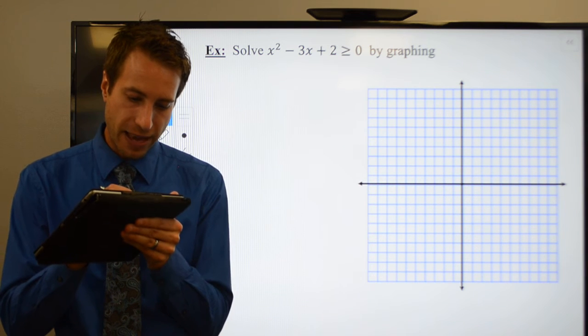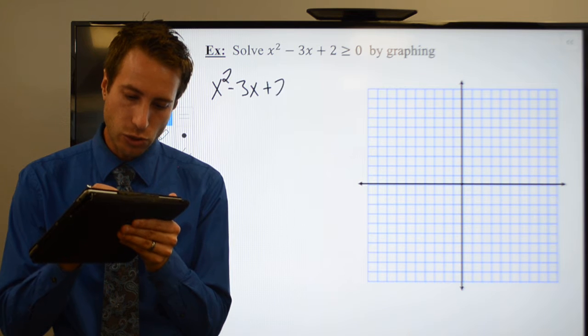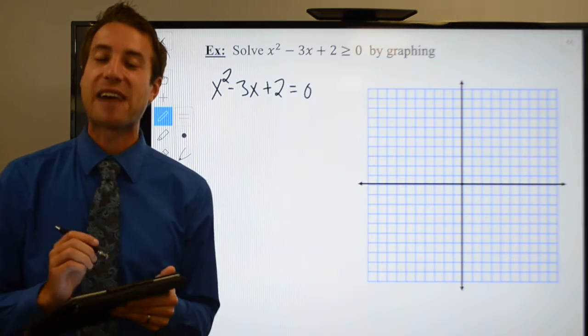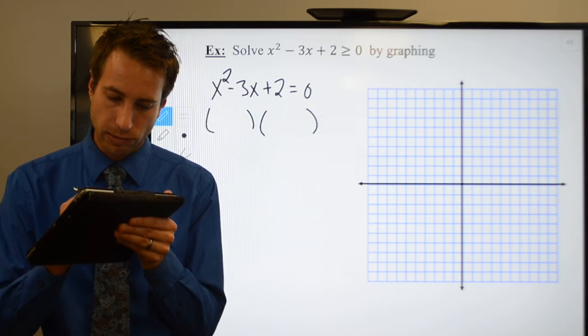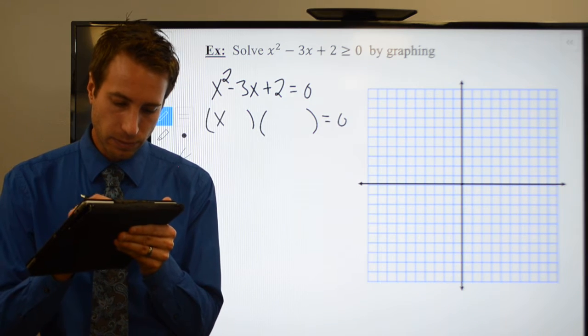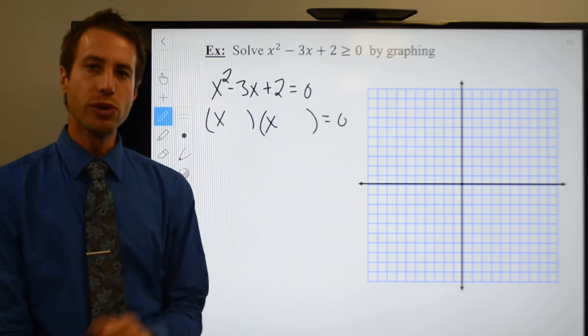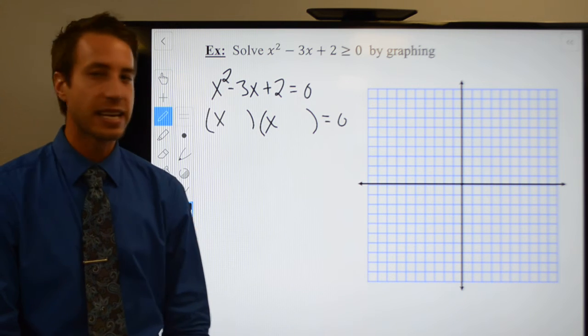So I'm going to have x squared minus 3x plus 2 is equal to 0. I believe I can factor this as a general trinomial. At least I hope so. Let's see. My leading coefficient is a 1. So I need two numbers that multiply to give me a positive 2 and sum to give me a negative 3.